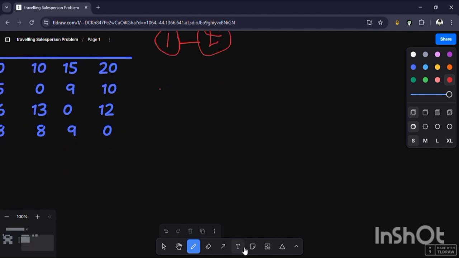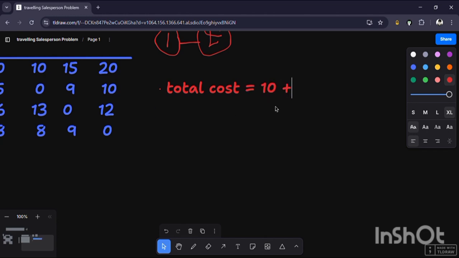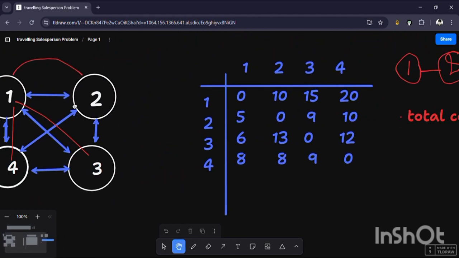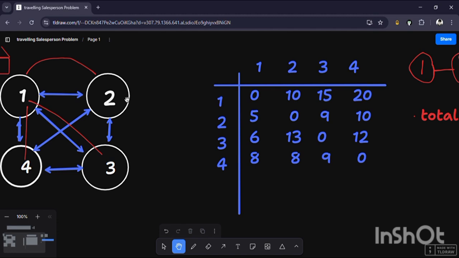This is 2. Now what is the cost? Let me write the cost here parallelly. Cost equals total cost: from 1 to 2 he pays 10 rupees, 10 plus. Now he has reached the second city. How many options does he have?